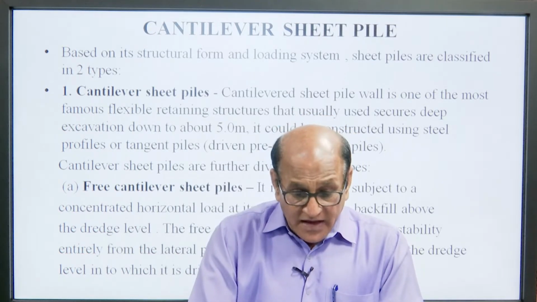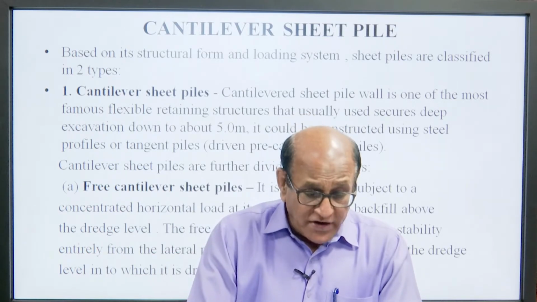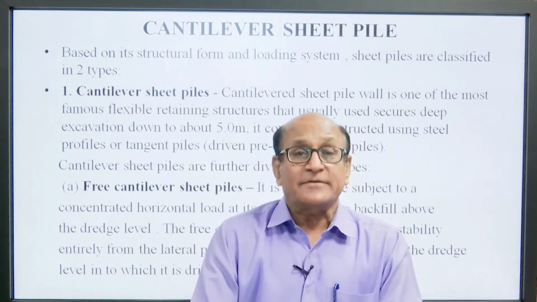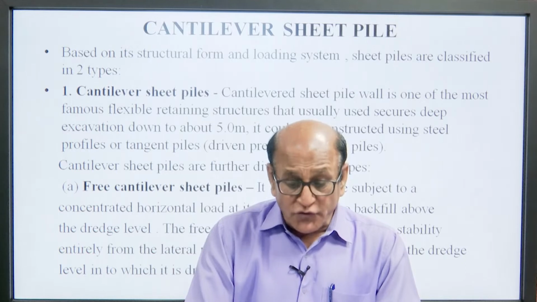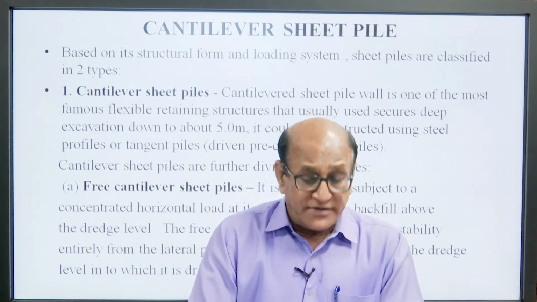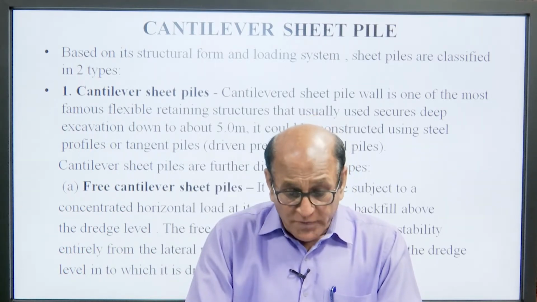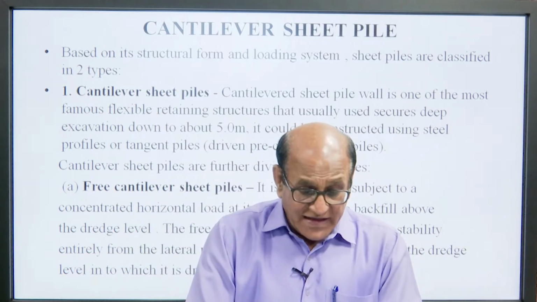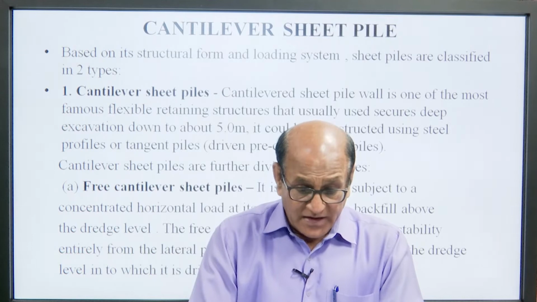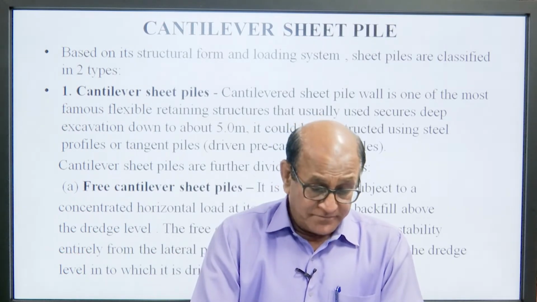A cantilever sheet pile wall is one of the most famous flexible retaining structures, usually used to secure deep excavation down to about 5 meters. It could be constructed using a steel profile or tangent pile, driven precast or bored pile.